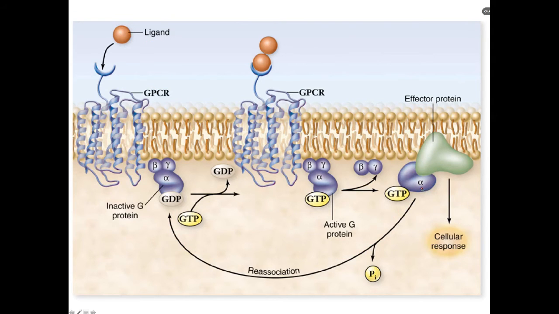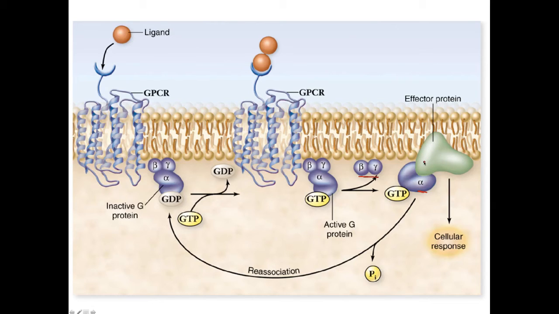So what happens when the activated alpha subunit of a heterotrimeric G protein, that is, the alpha subunit which has disassociated from the beta and gamma subunits in response to binding of ligand to a G protein coupled receptor, what happens when that alpha subunit bound to GTP activates or inhibits, in some cases, effector proteins?